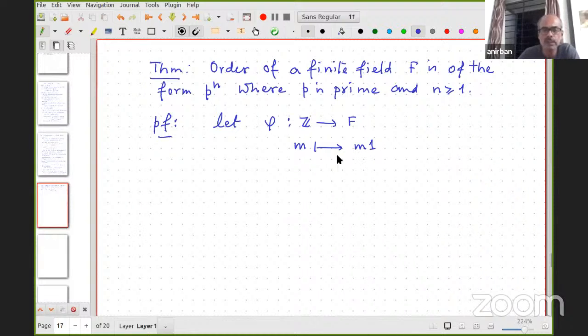This is not m into 1, because that is not defined: m is an integer and 1 is from the field. It is just the sum of 1 taken m times. You take 1 repeatedly m times and add them. So this defines a ring homomorphism, which is easy to check.